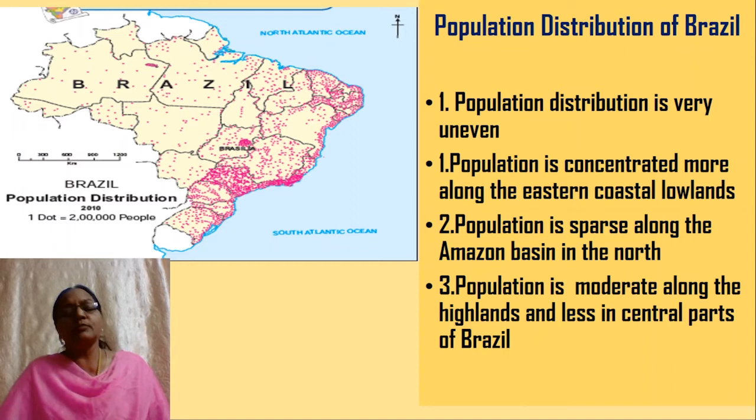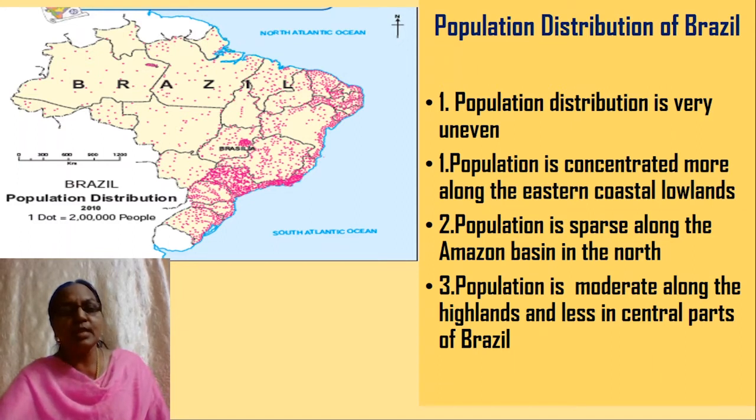If you observe the map of Brazil, you find again the population is highly uneven. You'll find there are more dots along the northeastern part, the coastal region, and even the southeast part of Brazil. Along the Amazon region, the number of dots is very, very less.